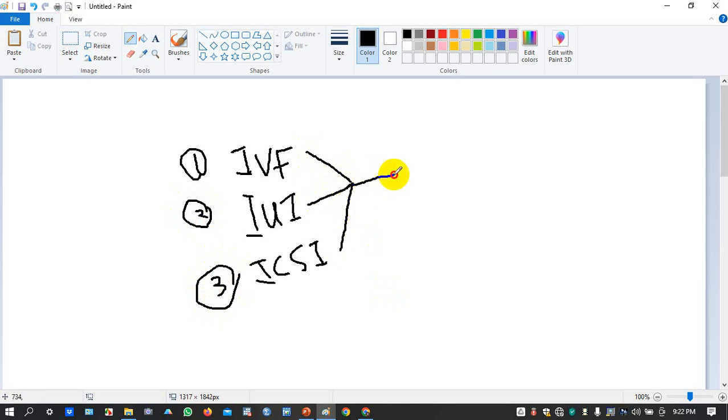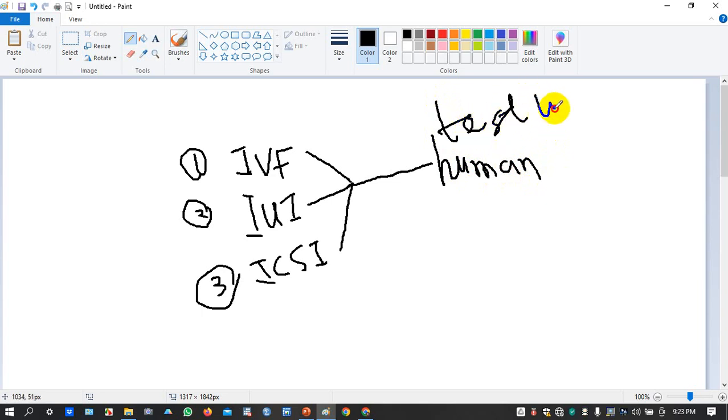So we want to produce a human being in a test tube, in vitro fertilization. So we want to produce test tube babies. We are going to create human beings in a test tube. A lot of babies we are seeing around are test tube babies.